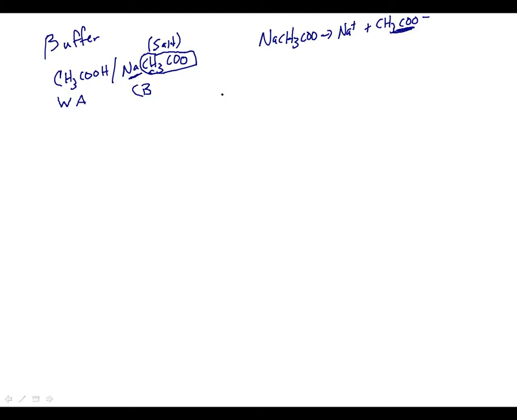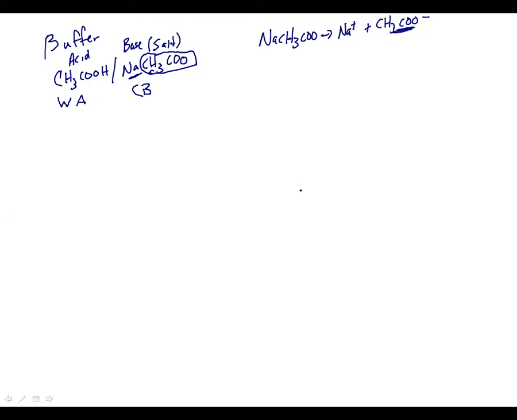So really what we have here when we think about this buffer is an acid part and a base part of the buffer. Before we add something to this buffer, we're going to add it to water.